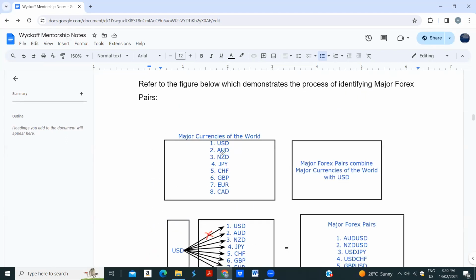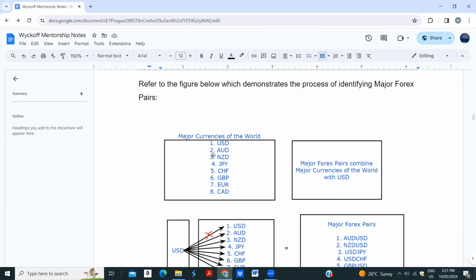So we have XAUAUD, okay, which is gold against the Australian dollar. When the commodity combines with the major currencies of the world, we get a commodity pair. Okay, remember that. But also remember one rule that a commodity is not a currency.